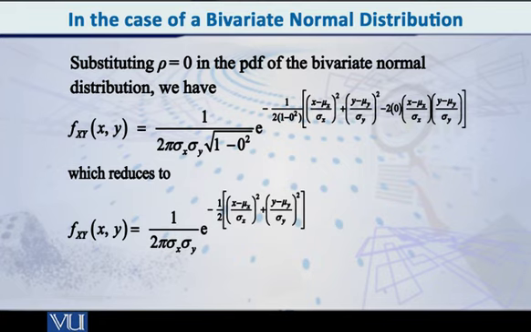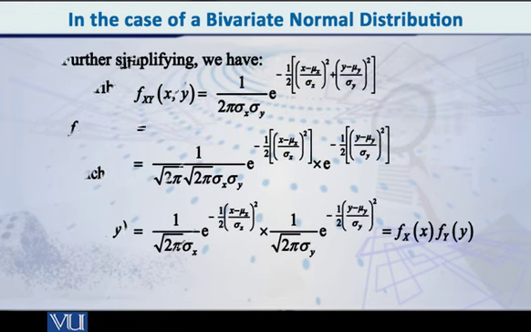And then you do not need to write it. So then what are we left with? We have e raised to -1 by 2 and then a square bracket, and inside the bracket x minus mu x over sigma x whole square plus y minus mu y over sigma y whole square.